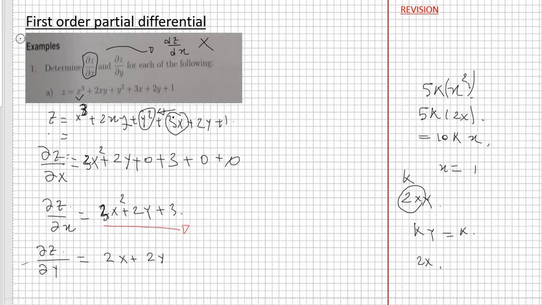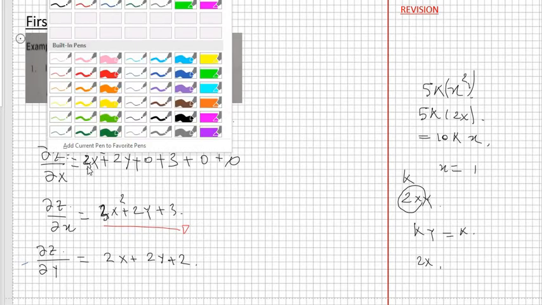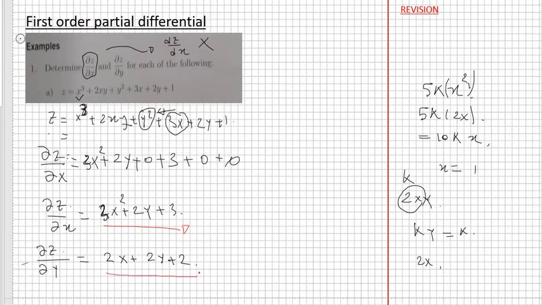So all this can be treated as a constant. So the derivative of a constant is 0. So you don't even need to write it. And the derivative of 2y gives 2. Remember, we are deriving the function with respect to y. So that's going to be the solution to this question.